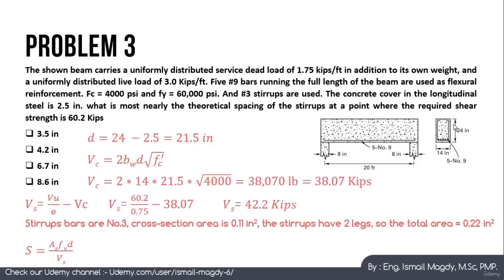We now need to calculate the spacing, which comes from this equation: s equals area of steel multiplied by fy multiplied by d, all over Vs. We have the area of steel, which is 0.22, multiplied by 60, which is fy, multiplied by 21.5, which is d, all over 42.2, which is Vs. We get that the spacing equals 6.73. This means that the maximum spacing for the stirrups equals 6.73. So the answer is the third option here, which is 6.7 inches.